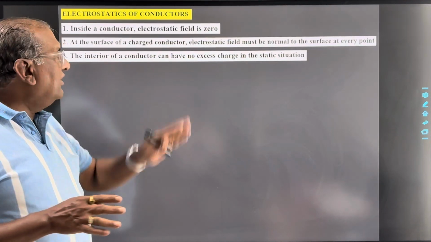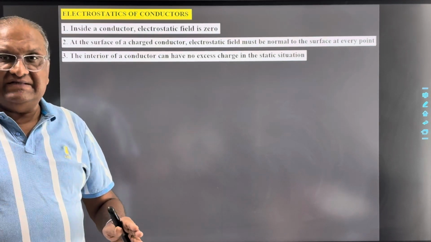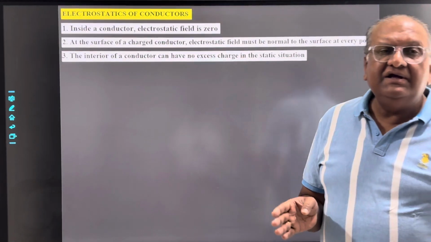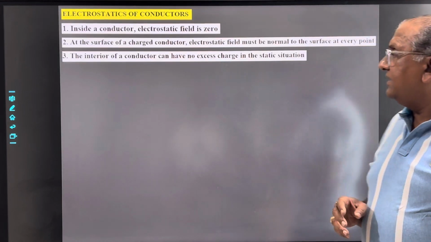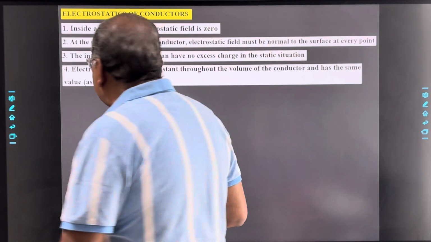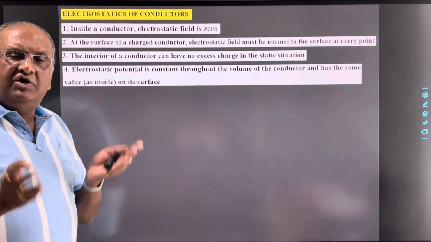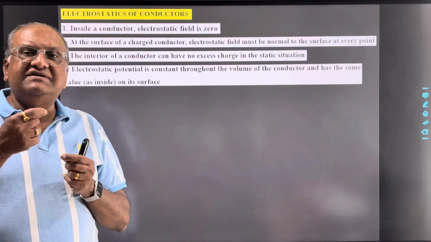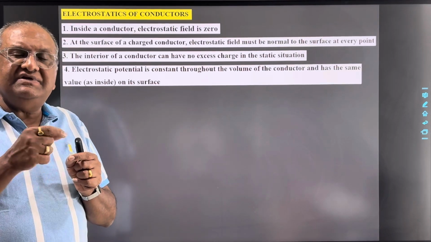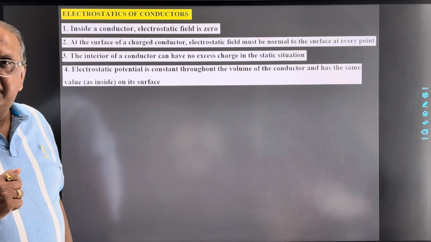So in accordance with that, there is no excess charge inside the conductor. Now, electrostatic potential is constant throughout the volume of the conductor, equal to the value of the potential at the surface.